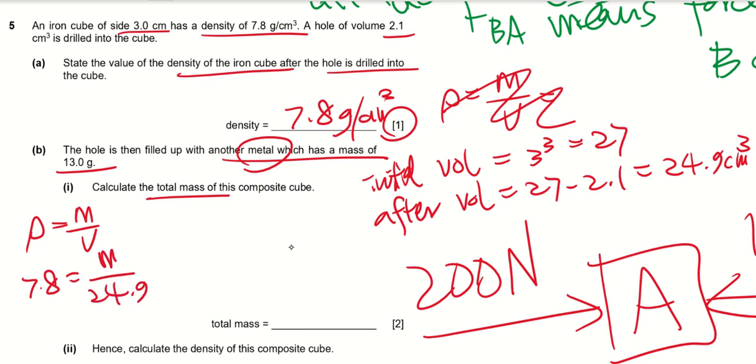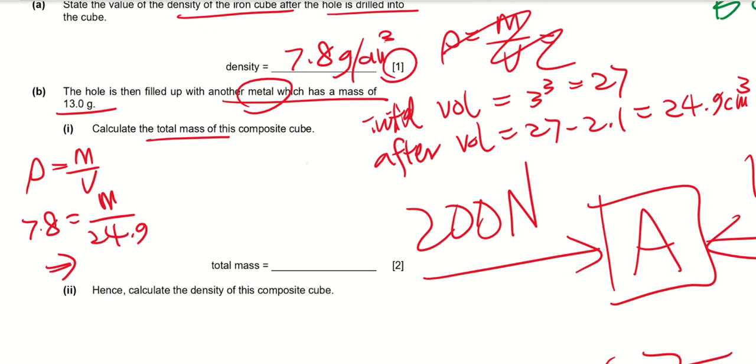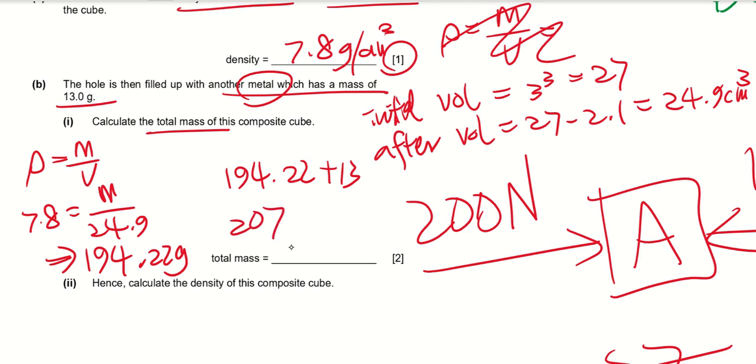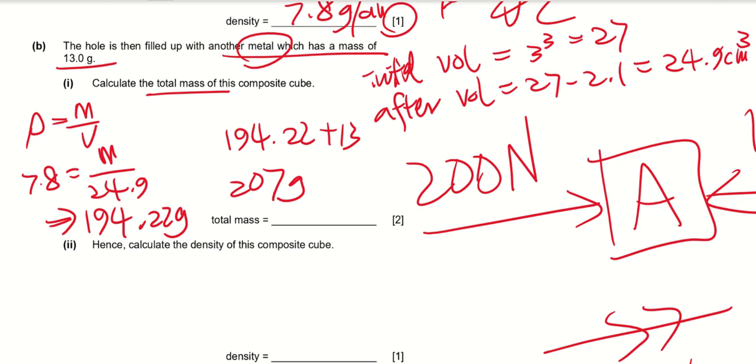The mass after the hole is drilled for the iron cube will be 7.8 times 24.9, which is 194.22 grams. Okay, so the total mass will then be 194.22 plus 13, so it will be 207 (3SF) grams.